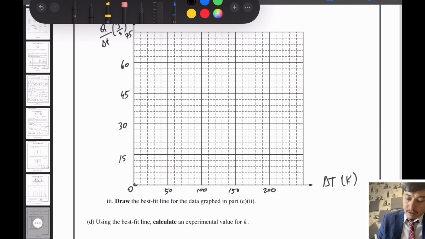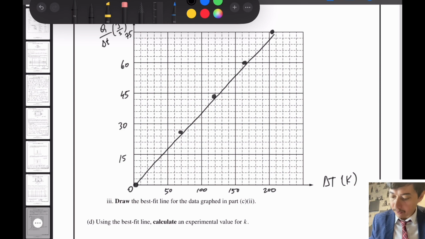All right, putting dots, first one is 0, 0, second one is 60. Next one is 117, or last one 205 to 75, it should be here. All right, we have got the dots, and the next one is going to be drawing a straight line. Okay. We are done with the graph.